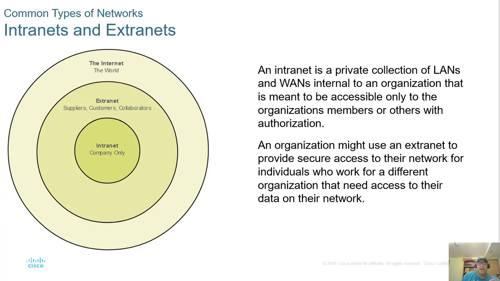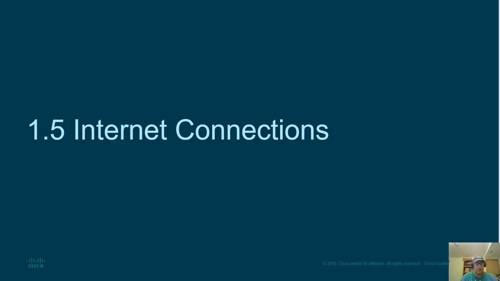And then there's something called an intranet where you share your information with just people within your organization. So the internet itself, the extranet, which is companies sharing resources, and the intranet, which is just inside of the same company, not for use by the outside world.